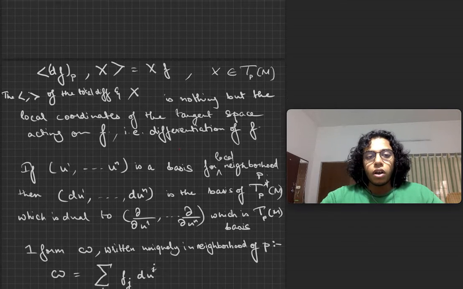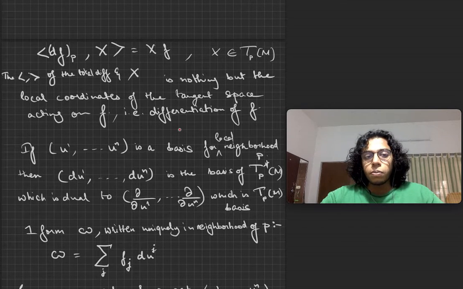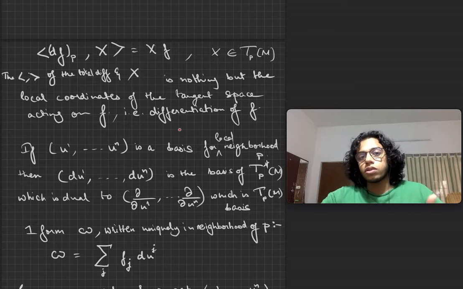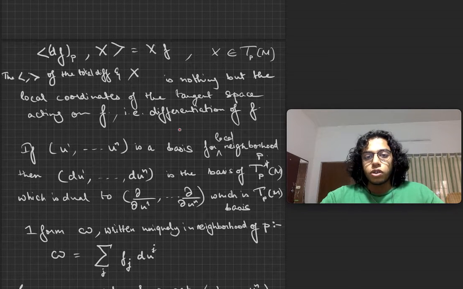Now let us define the angle bracket of the differential of a function at the point p with respect to x, which are the local coordinates of the tangent space at p.